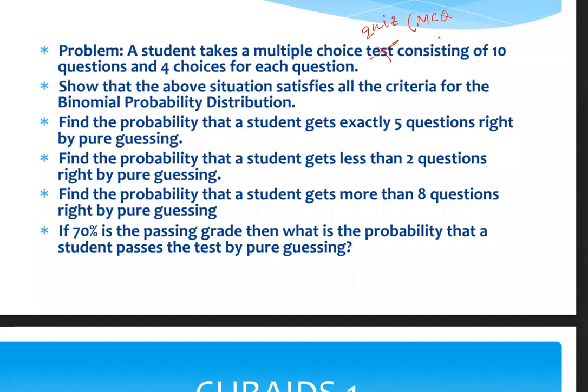A student takes a multiple choice quiz, MCQ, consisting of 10 questions, okay? And 4 choices for each question.